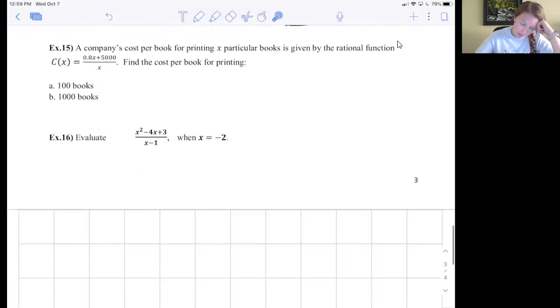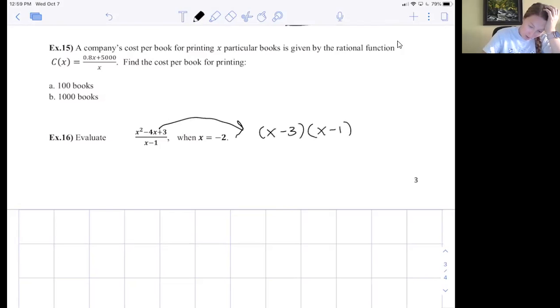Okay, this one, all we're doing is plugging in x. We're plugging in -2 for x. So you can just do that in your calculator, or you can simplify this. So an option would be to say, I can factor that top one to be x minus 3 and x minus 1, over x minus 1.